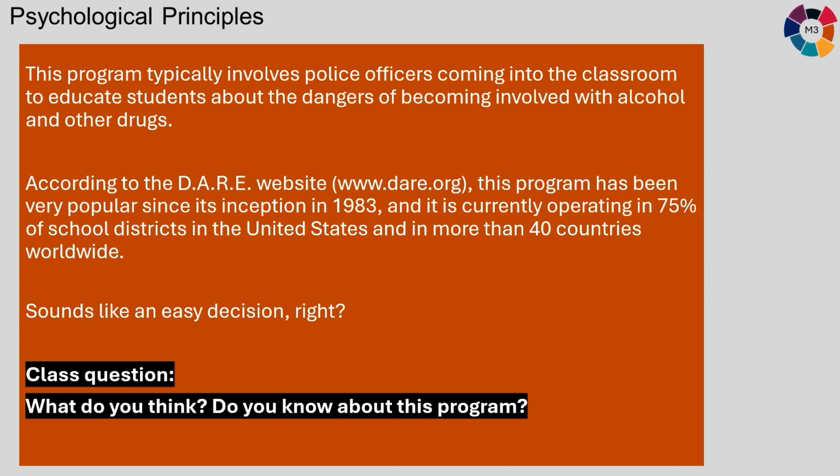This program typically involves police officers coming into the classroom to educate students about the dangers of becoming involved with alcohol and other drugs. According to the D.A.R.E website, this program has been very popular since its inception in 1983, and it is currently operating in 75% of school districts in the United States in some capacity and in more than 40 countries worldwide.